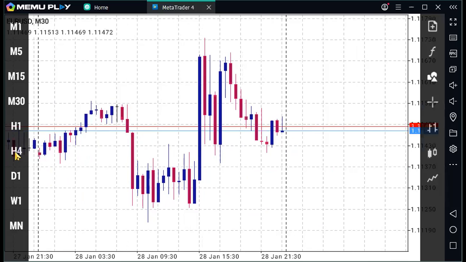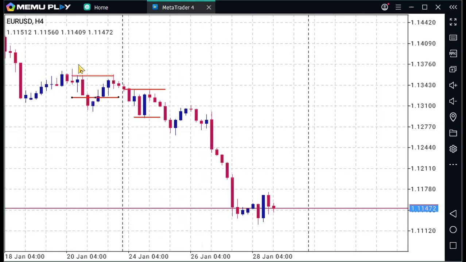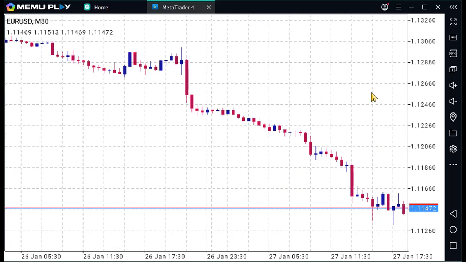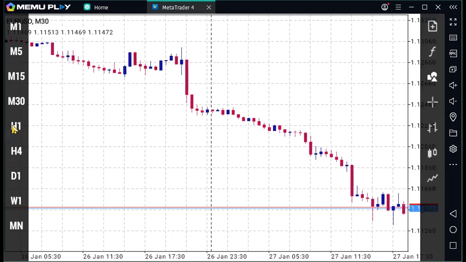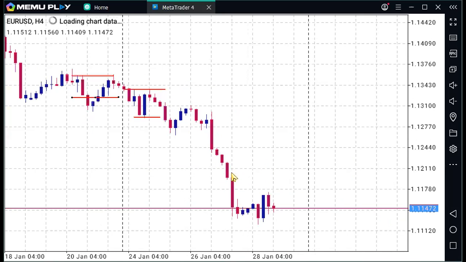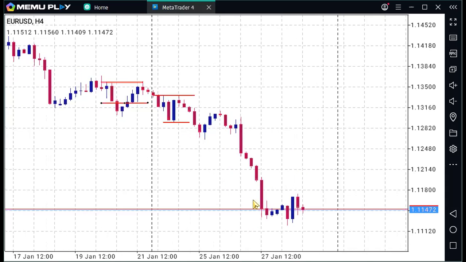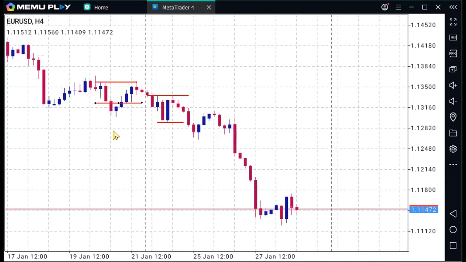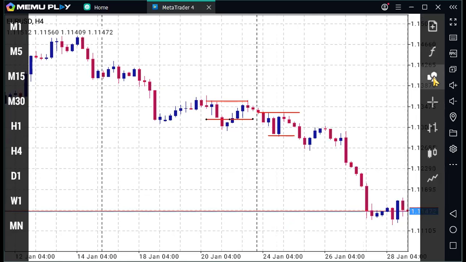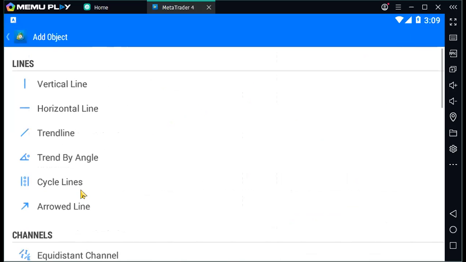So I use H4; this zone I'm seeing alone on 30 minutes, I don't see too much. But when I take it on H1 or H4, I see more in depth of what the market is supposed to be doing.